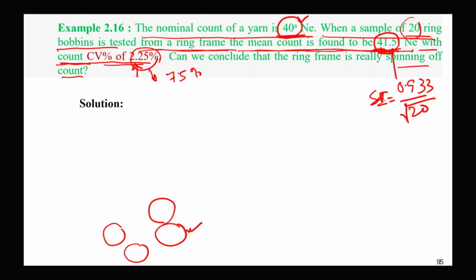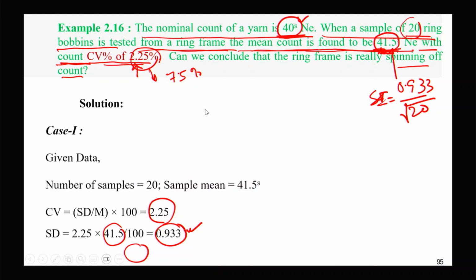So the standard deviation is 7.5 multiplied by 41.5 divided by 100, that means 3.11.